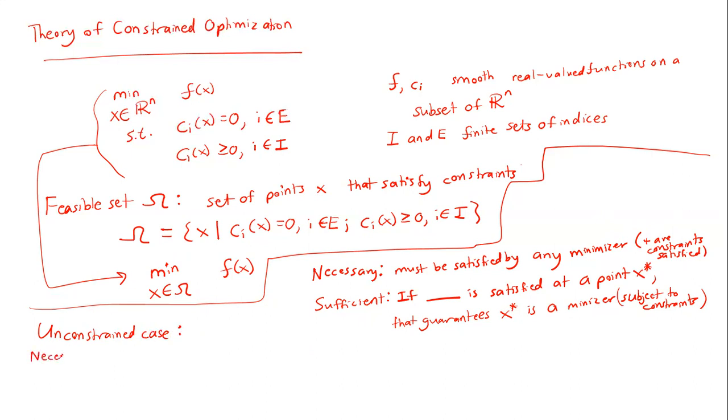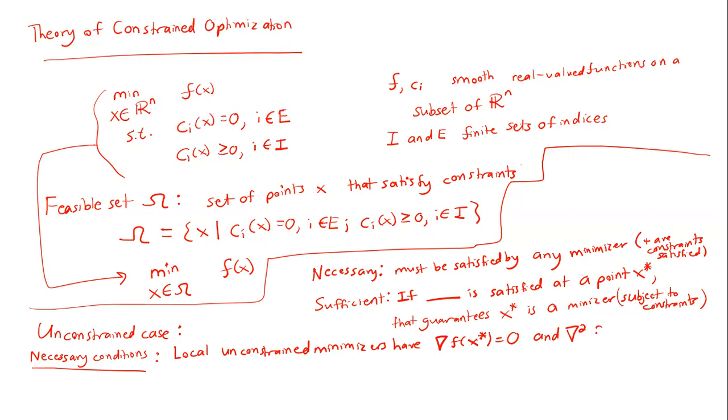We had the necessary conditions, and this was that local unconstrained minimizers have del f of x star equals 0 and del squared f of x star positive semi-definite.